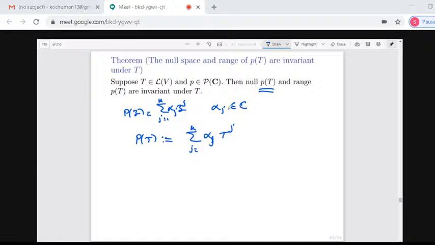This is essentially a lemma, which says that if you have any operator T and any polynomial with complex coefficients, then the null space of P(T) and the range of P(T) are both invariant spaces for T. Even though it's a small lemma, it's a very, very powerful theorem.